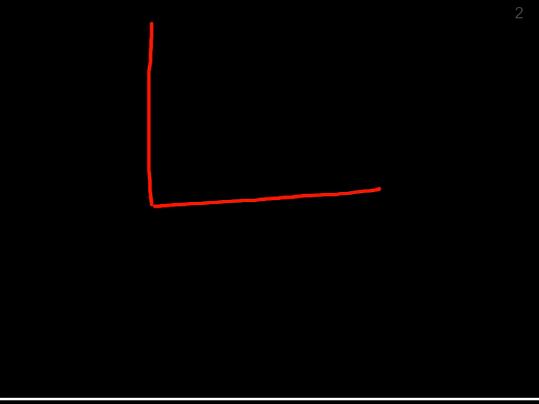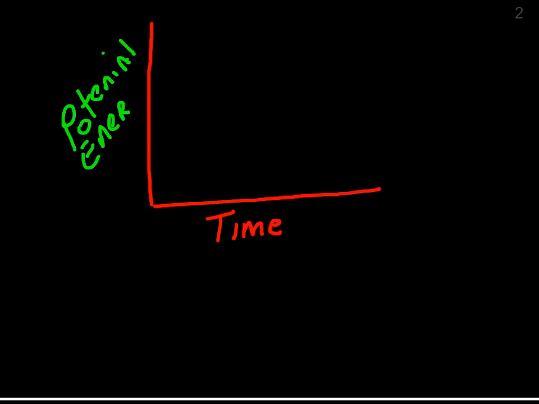Maybe I'm going to change the x-axis a little and just call it time. Sometimes it's called reaction coordinate, but I'm going to call that time. And over here I'm going to call the y potential energy. Okay, so potential, and that's stored energy, or chemical energy.